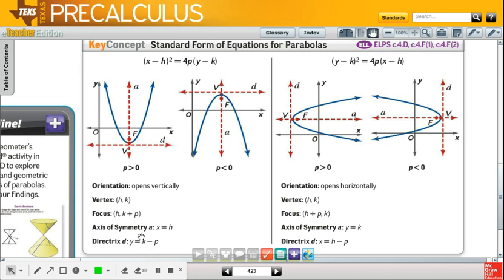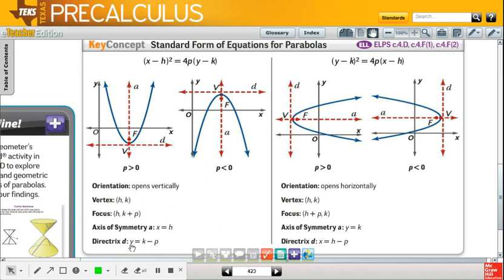It's the same thing pertaining to axis of symmetry. When I'm talking about axis of symmetry, when it says x equals h, it will be a vertical line going through the x coordinate or the x value. So it's again a vertical line that's going through the x value. The directrix will be k minus p. That will be the value for y.